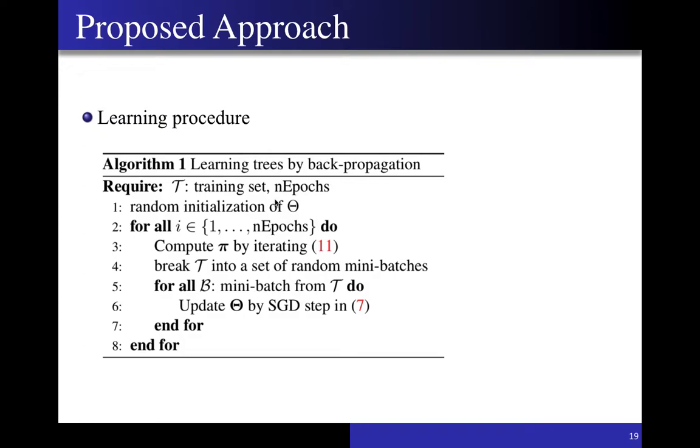Now let's look at the learning procedure, the algorithm which is used to learn theta, the parameters of the trees. This is like the traditional backpropagation algorithm. Given the training set, the data set, and the number of epochs, we start with random initialization of the theta values, and for each epoch we compute the pi by iteration.